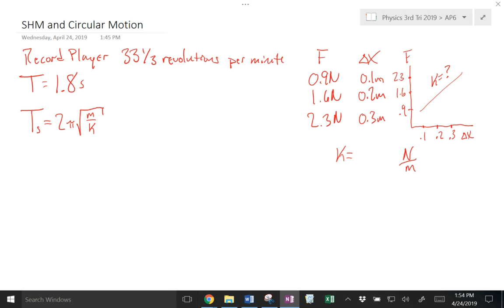So a more considered graphical approach leads to a slope value of 6.6. I got a 6.6. I got an 8.1.